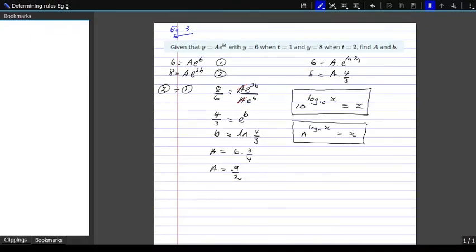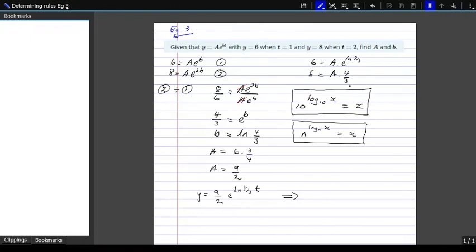So we've got our value for A, we've got our value for B, and we can write down our rule, which is y equals 9/2 times e to the bt, where our b value is log 4/3, so e to the power of log 4/3 times t. That's our rule in this form.